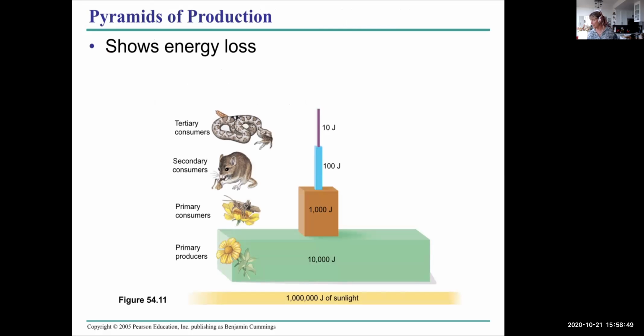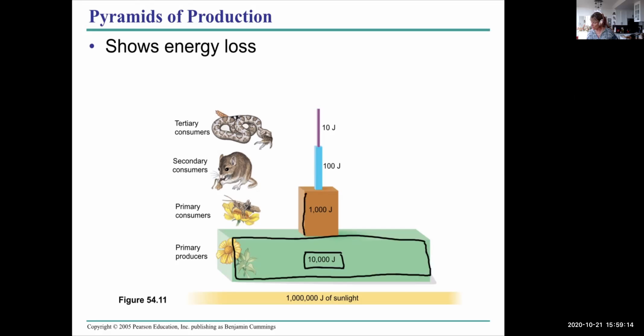And it shows it by portraying either the energy per level or the biomass per level or the individuals per level. In this case, we're looking at joules again. So this bottom bar portrays the 10,000 joules of energy of the primary producers.